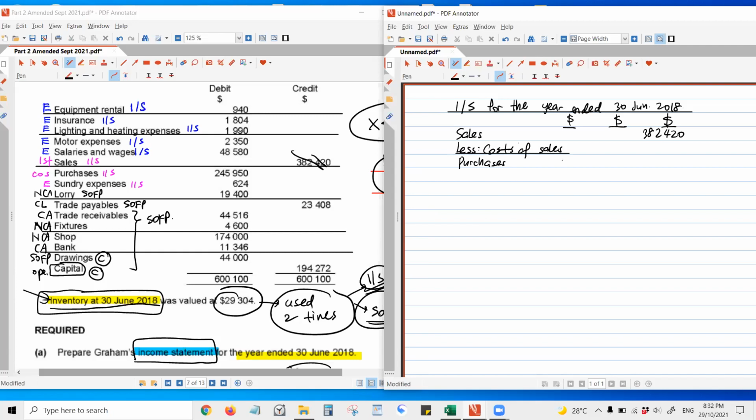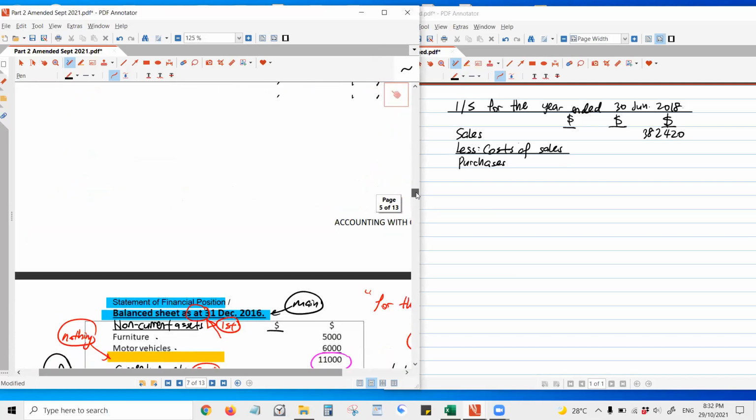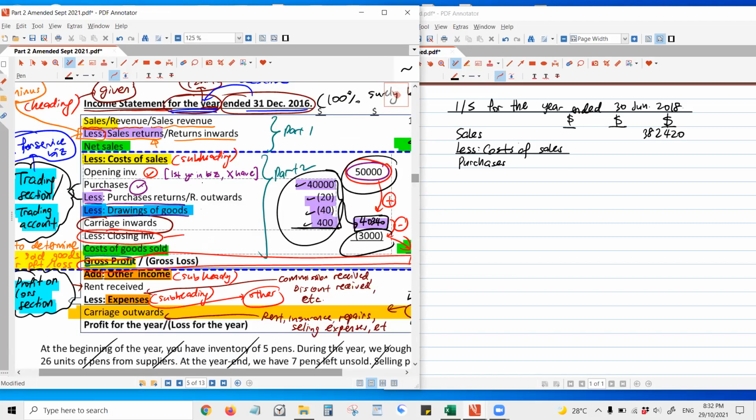Okay. So do you have purchase returns? There's no, right? There's also no carriage inward, right? There's also no drawings of goods, right? You see, in the sample of income statement, remember the sample? Remember purchases, I put the figure on the left dollar column, right?